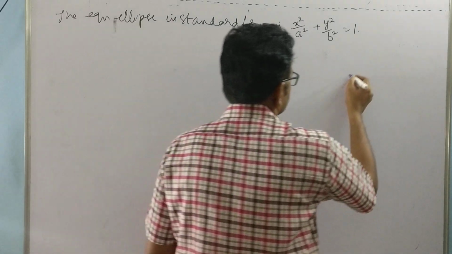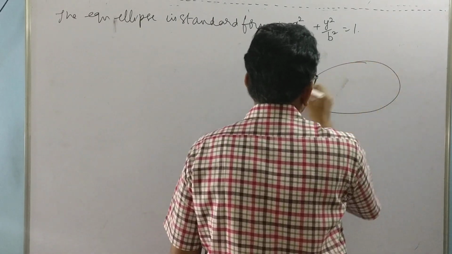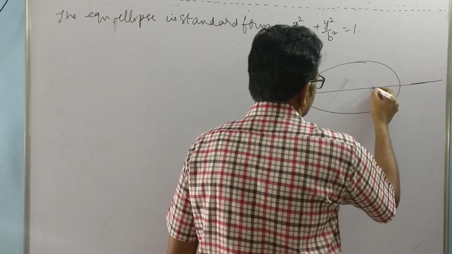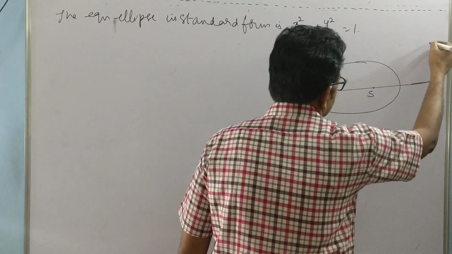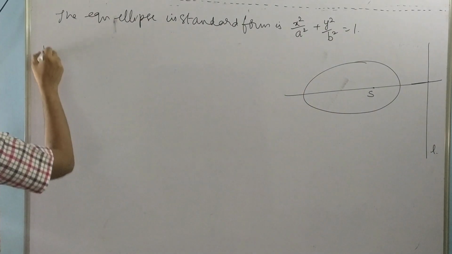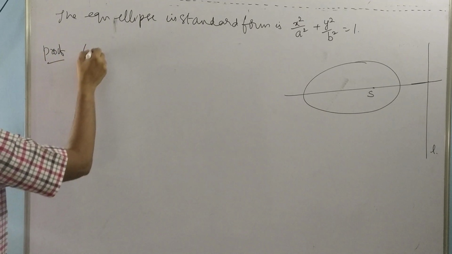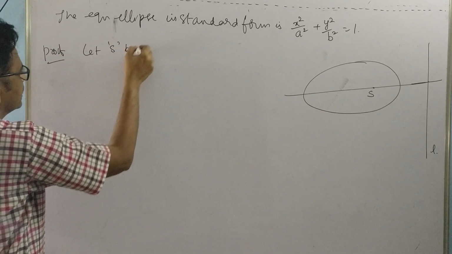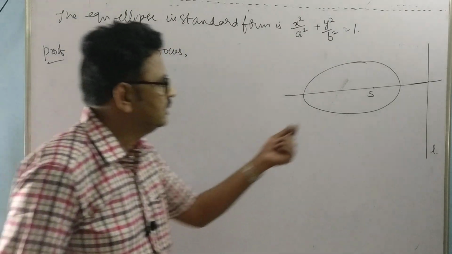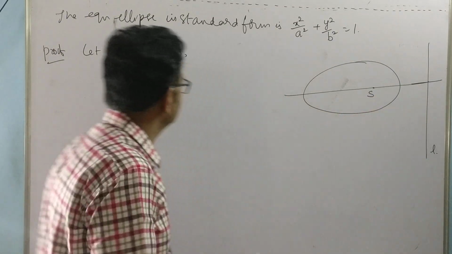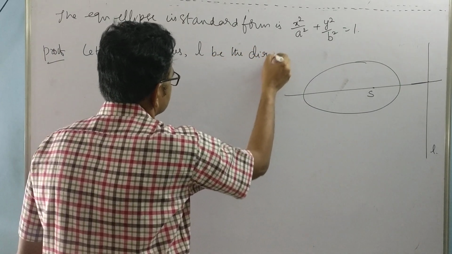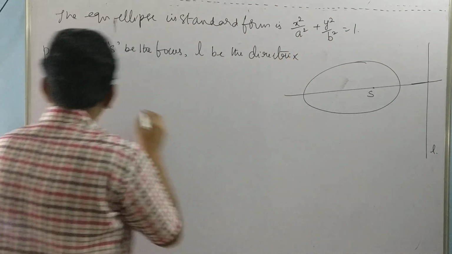Now here the proof is: let S be the focus and let the line L be the directrix of the ellipse.